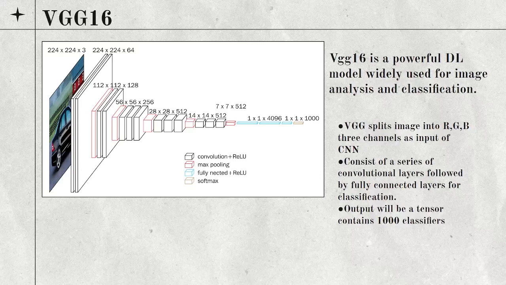So if the previous block is 224 times 224 times 16, the max pooling output will be 112 times 112 times 16, and the next convolutional layer will be 112 times 112 times 128. So this image is somewhat different from our model architecture.